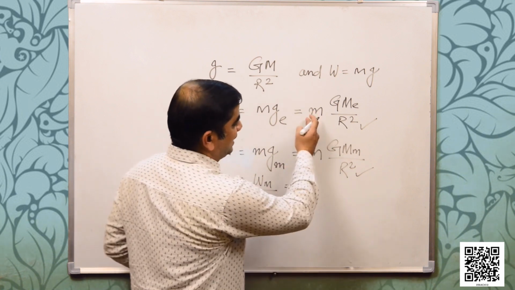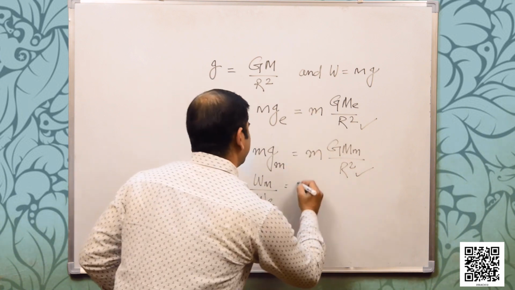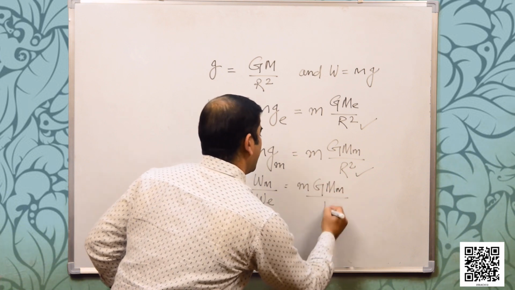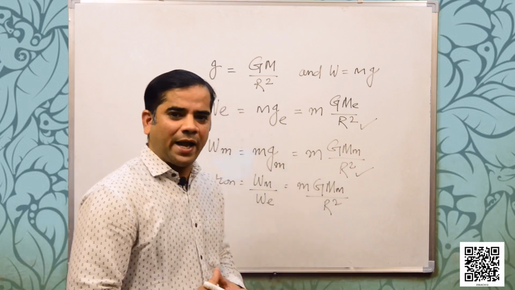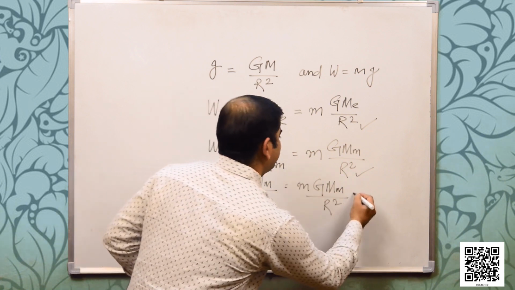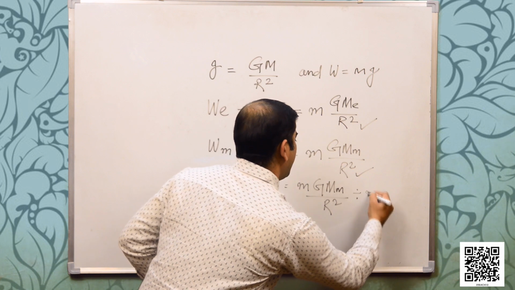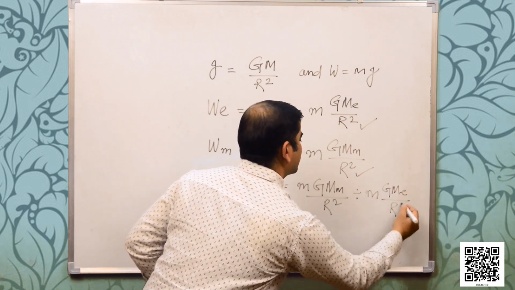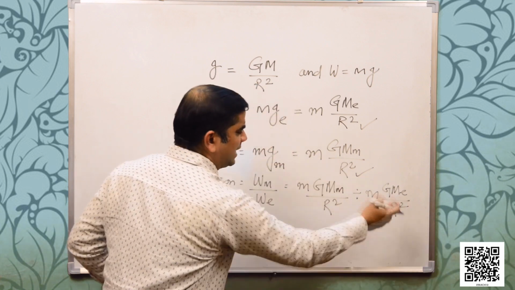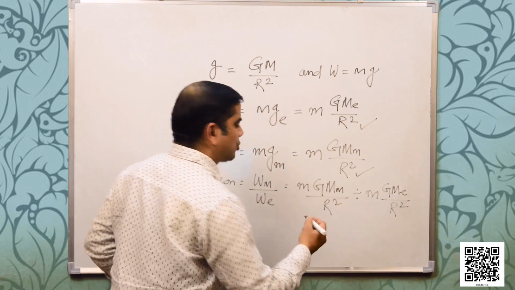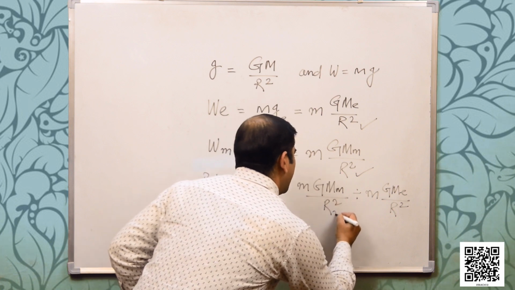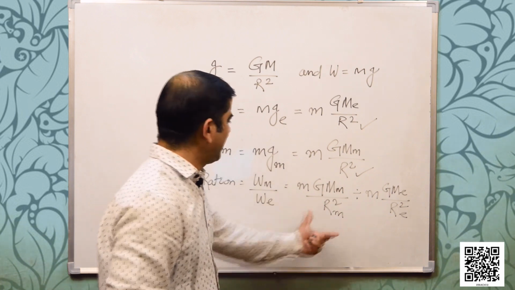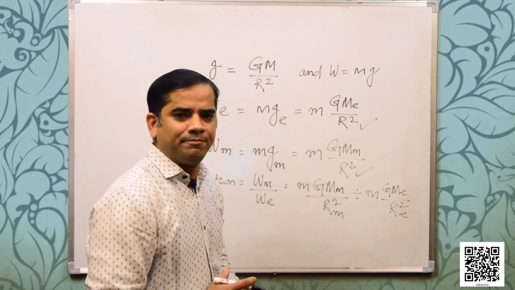See, this divided by this, m G Mm by r square, okay, divided by m G Me by r square. For differentiation in radius, we can also write, that is Rm and Re, that means radius of moon and radius of earth. Fine. So, we can clearly distinguish between them.